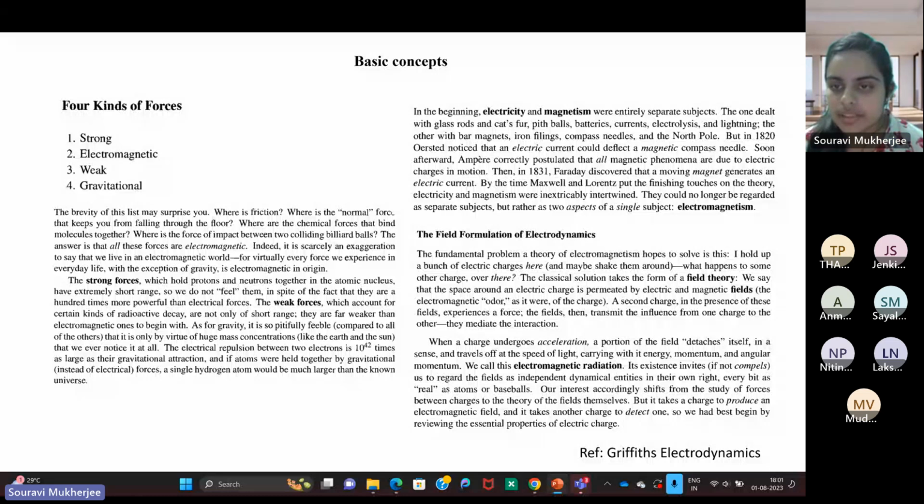Now, it's important to understand this concept of field here, because it's an action at a distance. Suppose we have a charge, there is an electric field around it. So if there is a collection of charges, that would result in a certain kind of electric field that would be experienced by some test charge, right? So it means that there's an action at a distance.